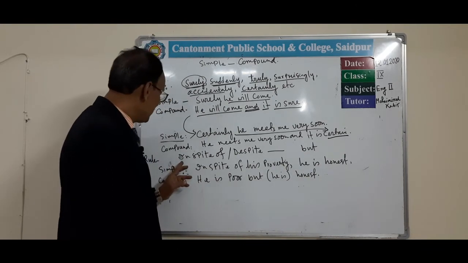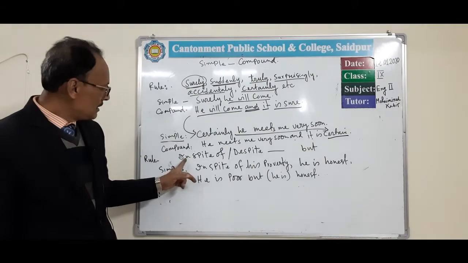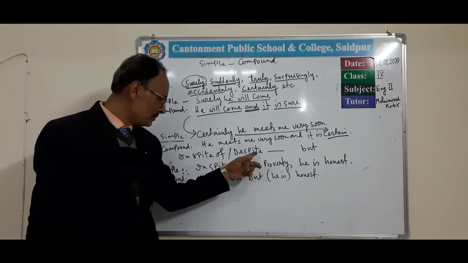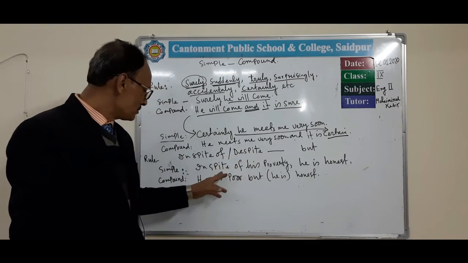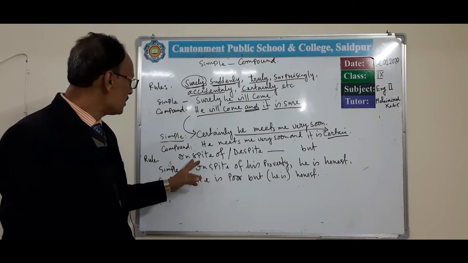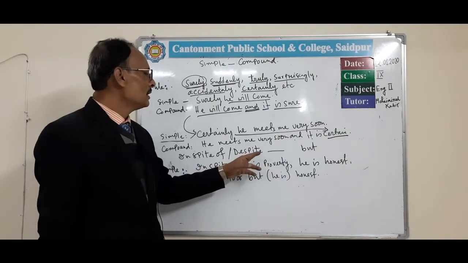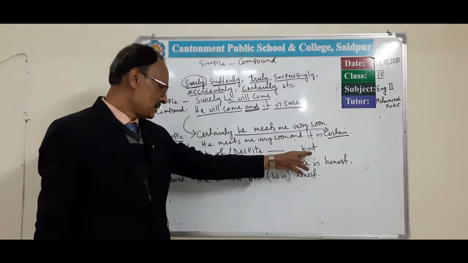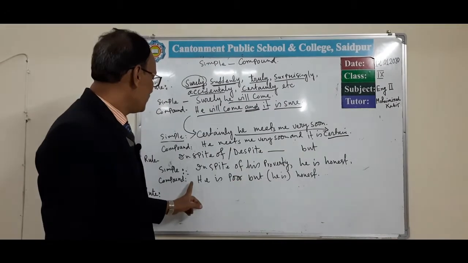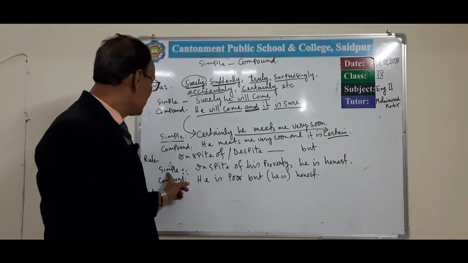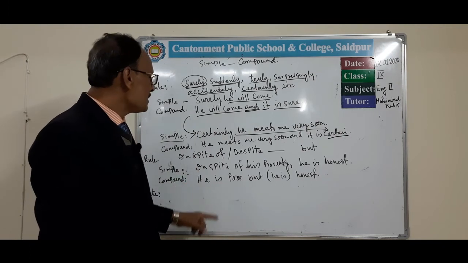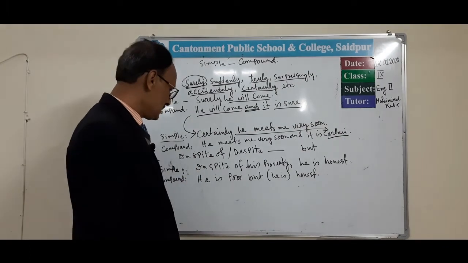Next, whenever you get in spite of or despite in a sentence, for making it into compound form, instead of in spite of or despite, we use but. For example, simple: in spite of his poverty, he is honest.